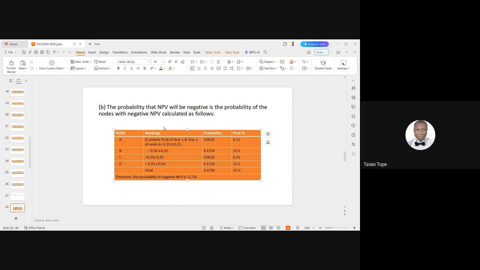We want the multiplicative effect of having negative results, in terms of probability.